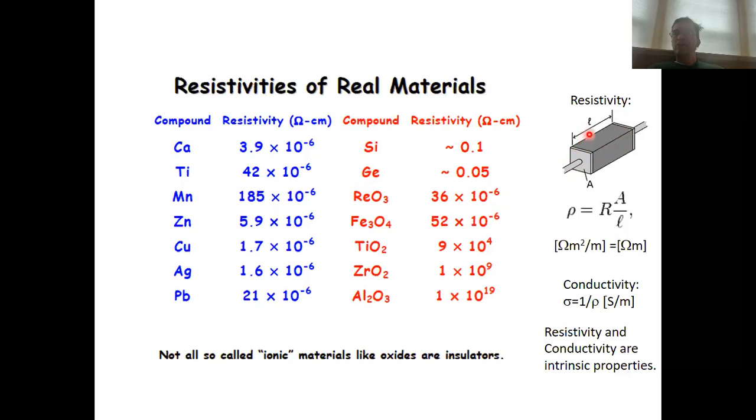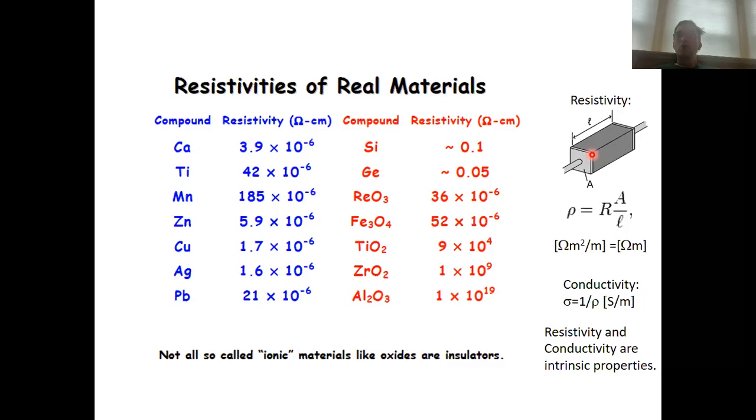You have a material through which an electrical current flows in this direction. That makes this dimension here the length of the resistor, but the resistor also has an area, which is in this case defined by the area of this square here. Now the resistance of a resistor is proportional to the length of the resistor.